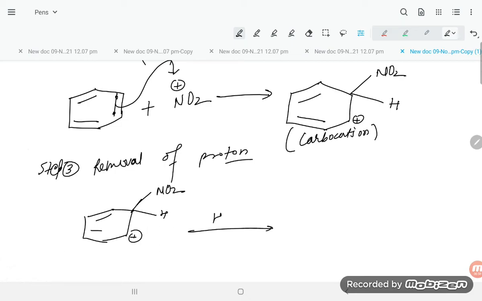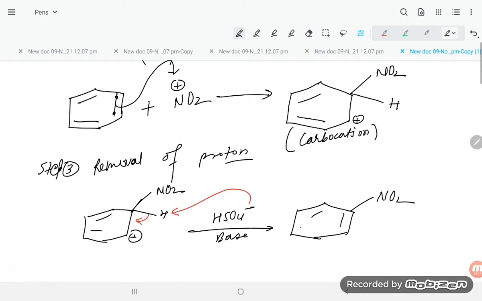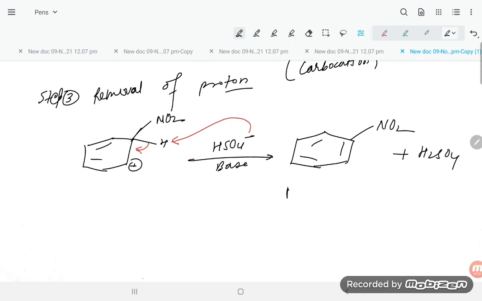If you have the base HSO4 minus, this is a nucleophile, it is going to attack this hydrogen and then this bond is shifting here. So the product that is going to form has the NO2 group here, and H2SO4 comes out as a catalyst. This is known as nitrobenzene.